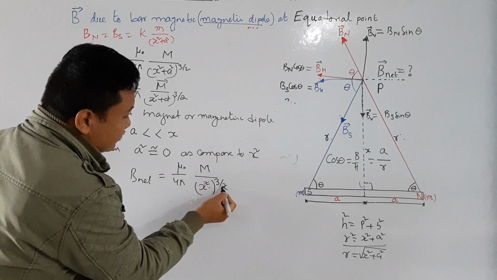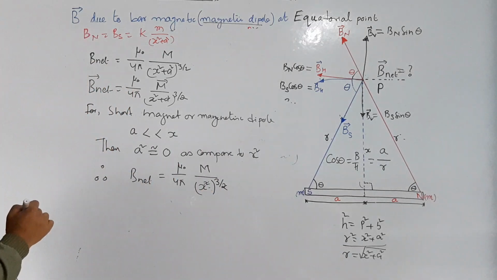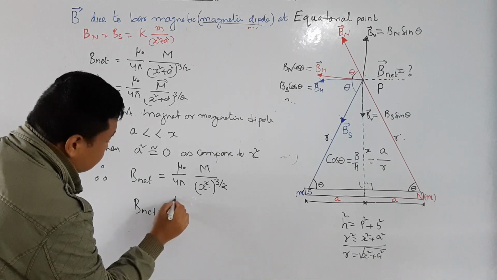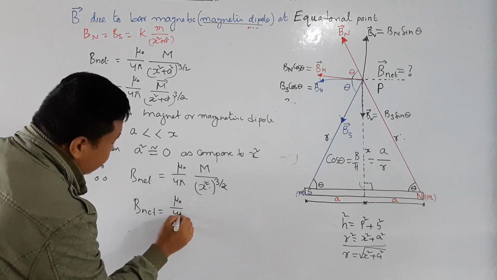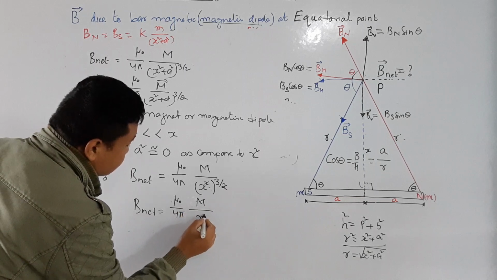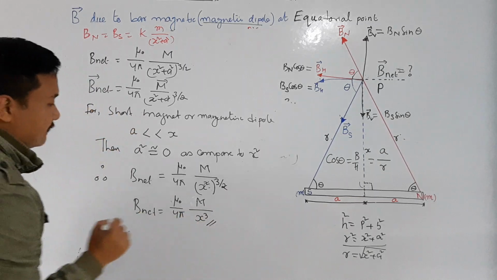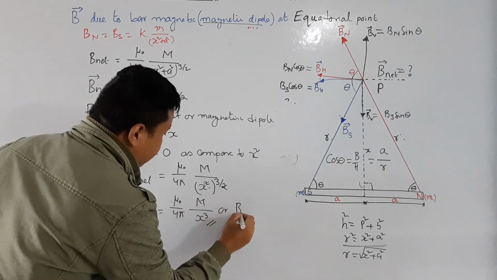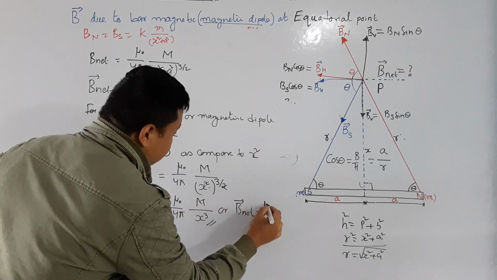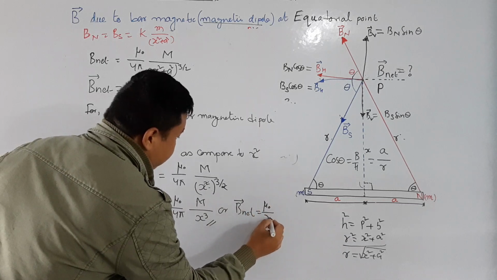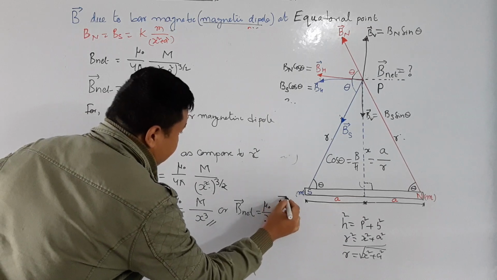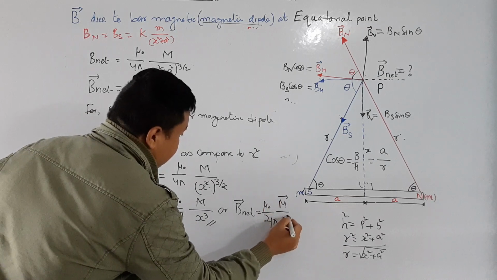So this 2 and this 2 will cancel, and I get B net is equal to mu naught by 4 pi m divided by x to the power 3, or in vector form, B net is equal to mu naught by 4 pi m vector divided by x cube.